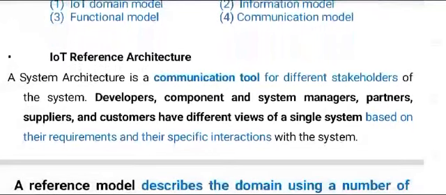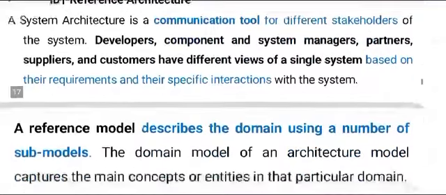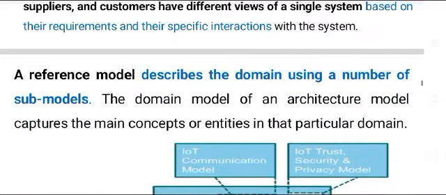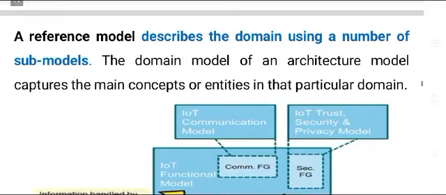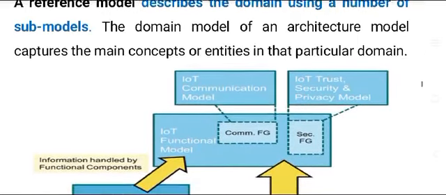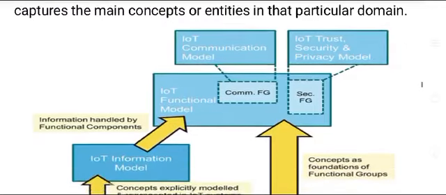Next is the IoT reference model. In this model, it acts as a communication tool for different stakeholders of the system, where the developers, the component and the system managers and all will have different views of a single system based on their requirements and their specific interactions with the system. This model describes the domain by using multiple submodels.